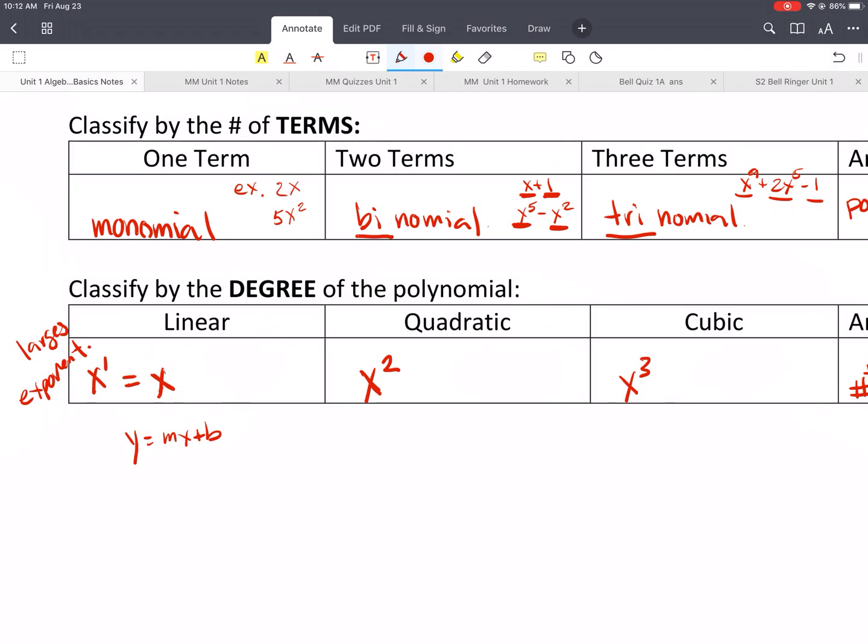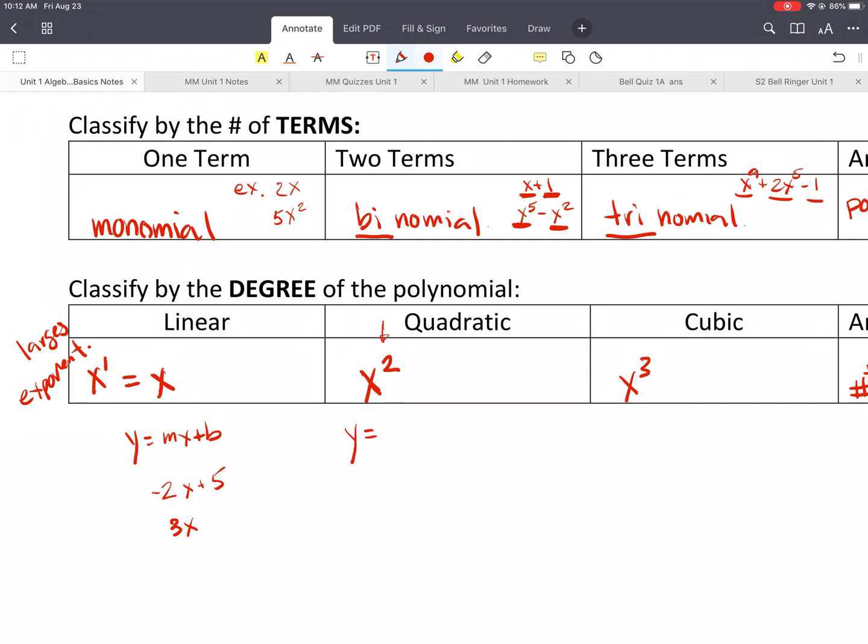So anything that has x and we don't show the exponent, that is linear. So for example, something like negative 2x plus 5, or another example could be 3x. Quadratics, whenever you have the highest exponent of 2. And this year we're going to be talking a lot about quadratics.